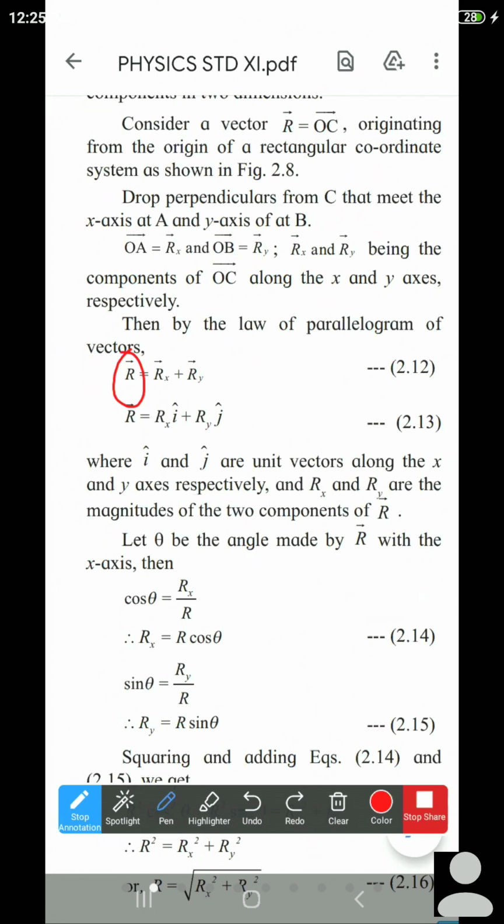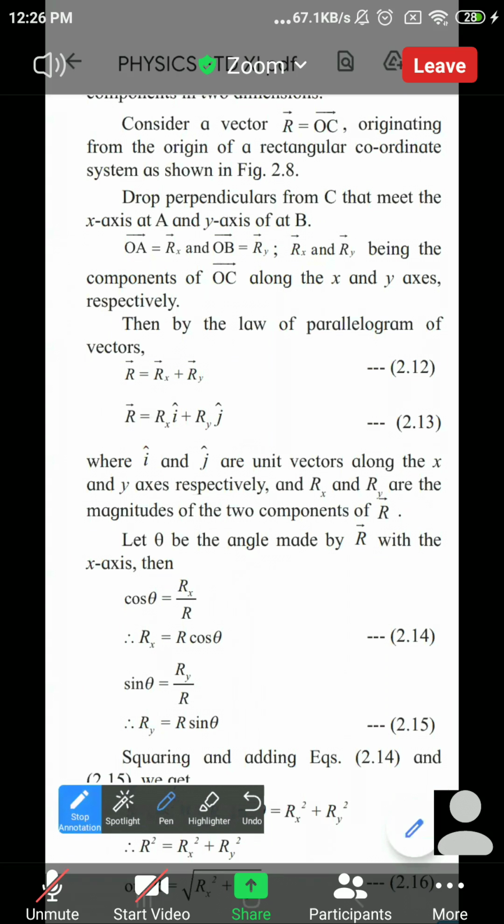अब we are going to find out the magnitude of R bar. ऐसे भी लिख सकते हैं हम magnitude of R bar, और सिंपली R भी लिख सकते हैं क्योंकि मैग्नीट्यूड है ना, इसलिए. तो देखो अभी यहाँ पर one angle theta be the angle made by R with the x-axis. See the figure.